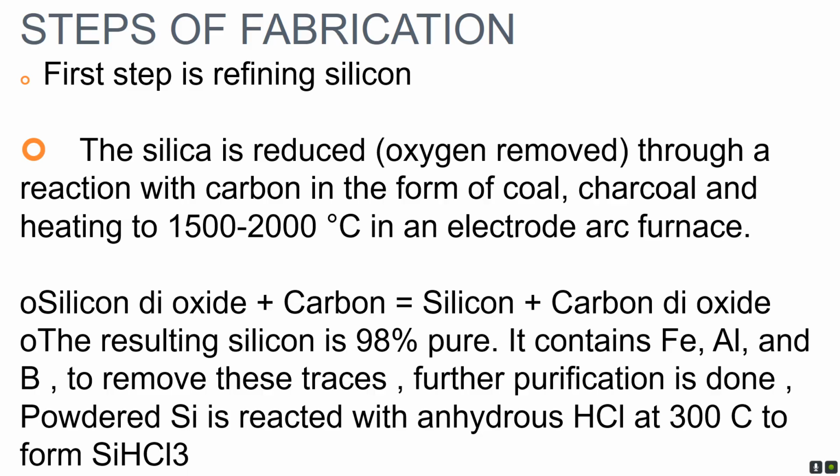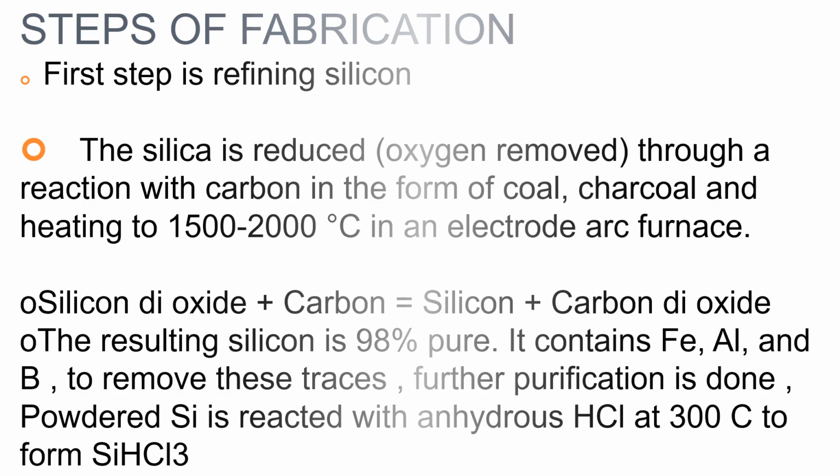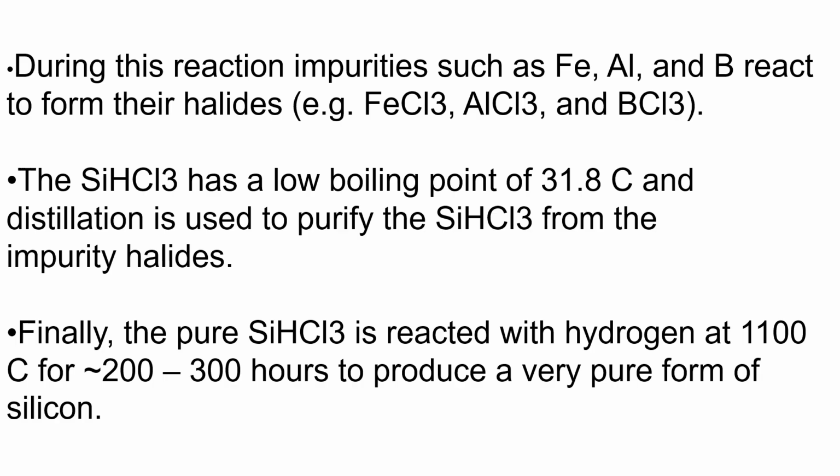In this, powdered silicon is reacted with anhydrous hydrochloric acid at 300 degrees centigrade to form SiHCl3. During this reaction, impurities such as iron, aluminum and boron react to form their respective halides. The SiHCl3 has a low boiling point of 31.8 degrees centigrade, and distillation is used to purify the SiHCl3 from the impurity halides.